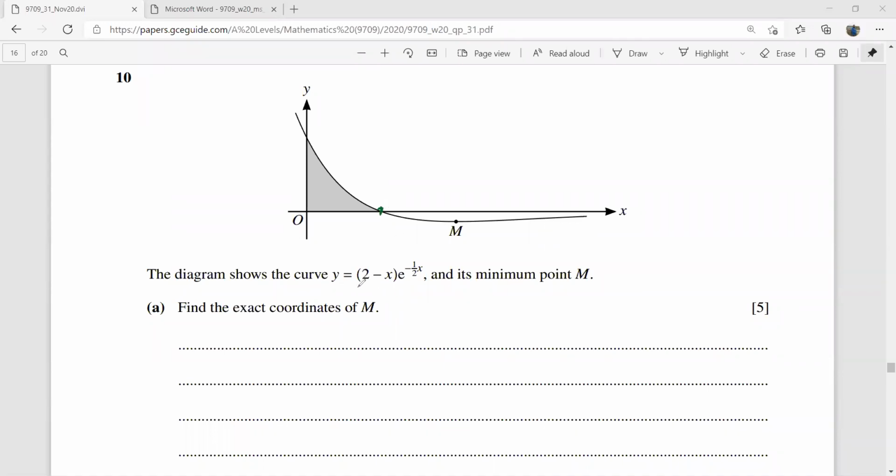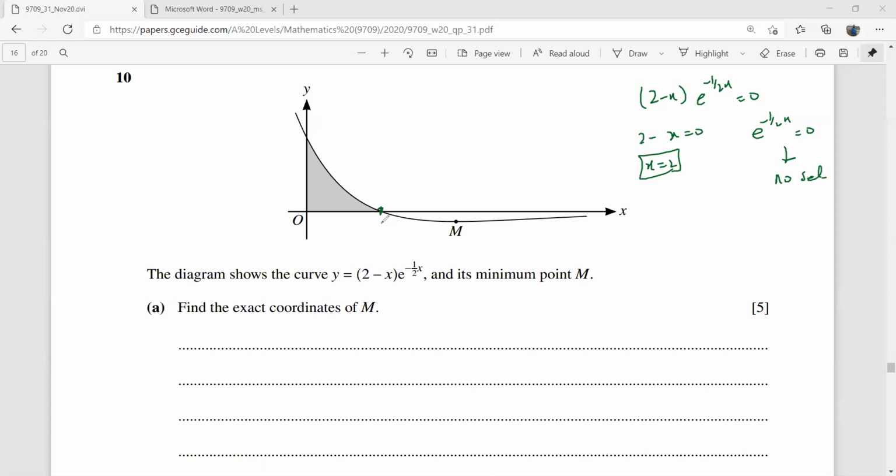I'll be putting y equal to 0. So when you put y equal to 0, you have 2 minus x e raised to power minus half x equal to 0. So this is 2 minus x equal to 0, or e raised to minus half x equal to 0. Again, there is no solution from the latter. But 2 minus x equal to 0 will give you x equal to 2.